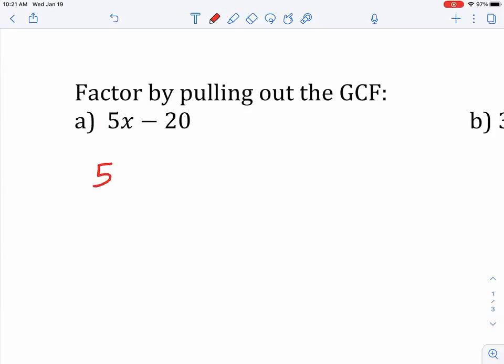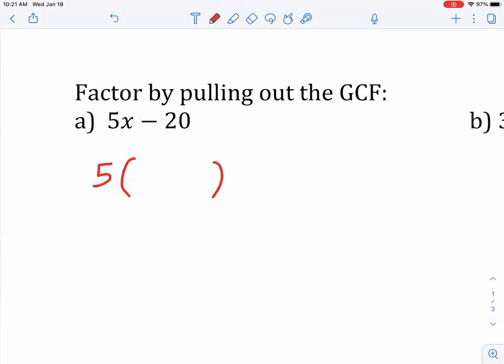So what I want to do is I put my common factor out in front, and then in parentheses, I write what's left over after I take the 5 away. If I take a 5 out of there, I have an x. And if I take the 5 out of there, I have 4, because we're talking multiples here.